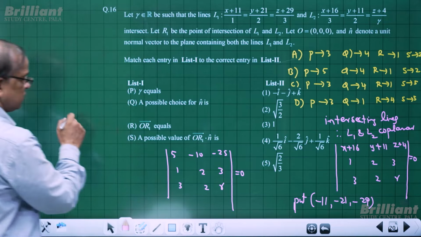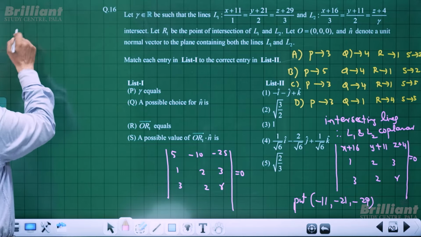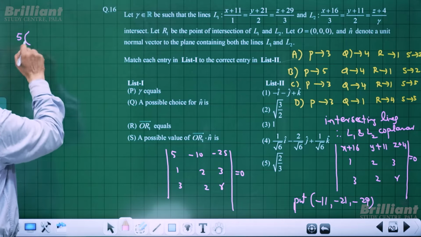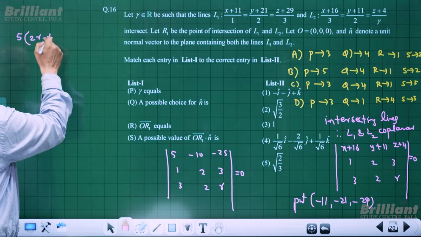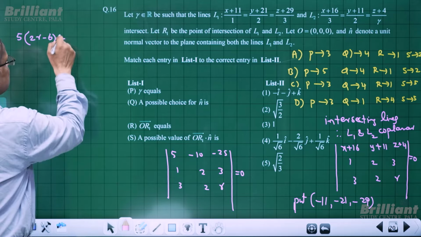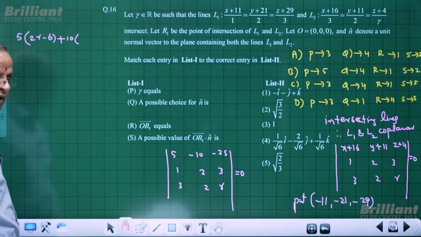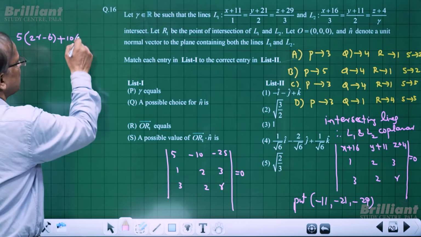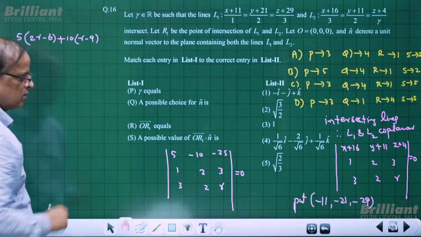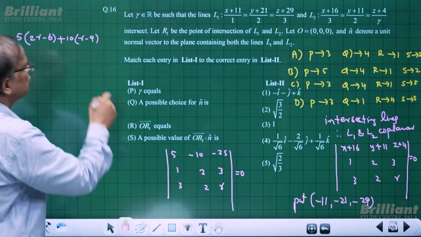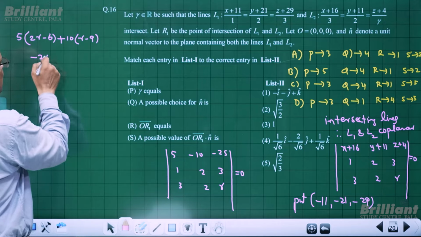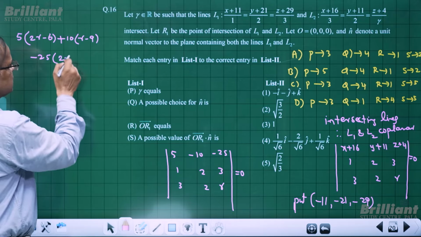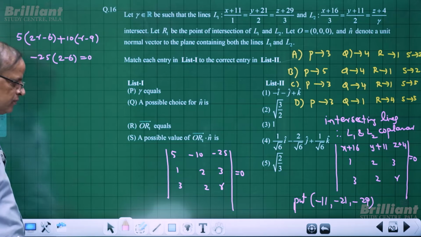5 into 2 gamma minus 6, plus 10 into gamma minus 9, minus 25 into 2 minus 6, where 2 minus 6 is equal to 0, right.